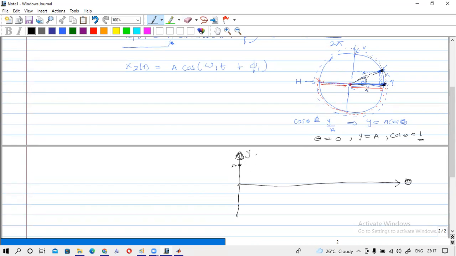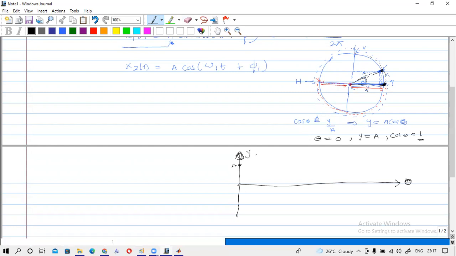Then when this theta is moving from here to here, this point is moving from here to here. Let's say that this direction is the plus direction, and this direction is the minus direction from starting at this point.